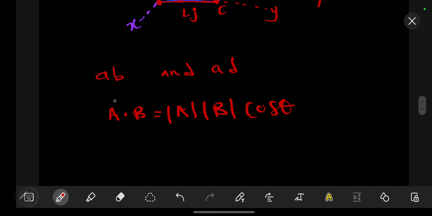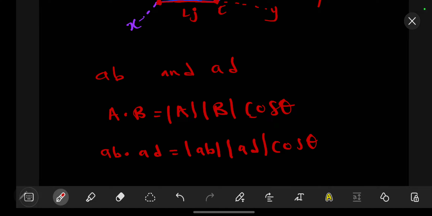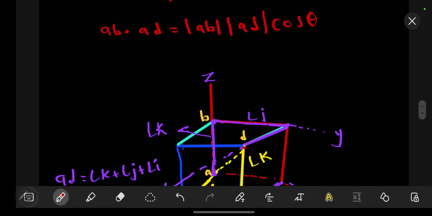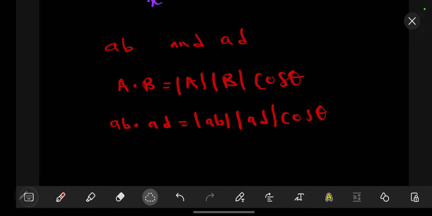So now, if we have AB, we can rewrite our dot product as AB dot AD should be equal to the magnitude of AB times the magnitude of AD times the cosine of theta like that.